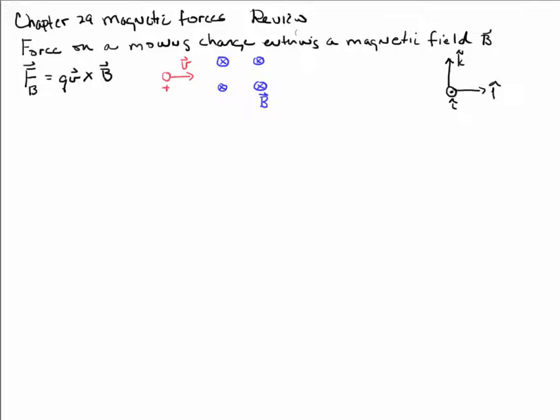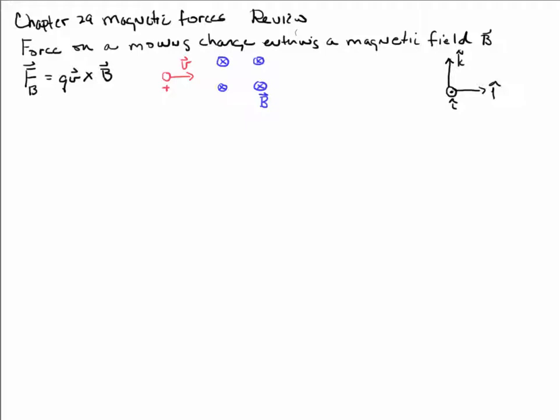Now I show here a diagram of the velocity v and the magnetic field B. And the normal notation where the cross indicates the magnetic field going into the paper.